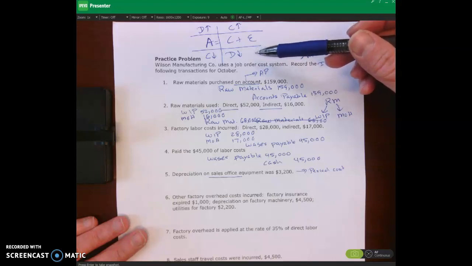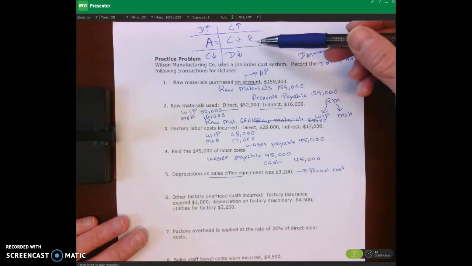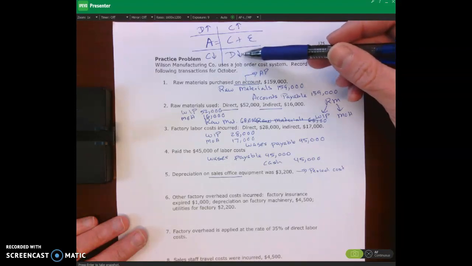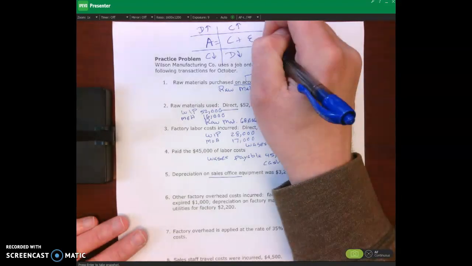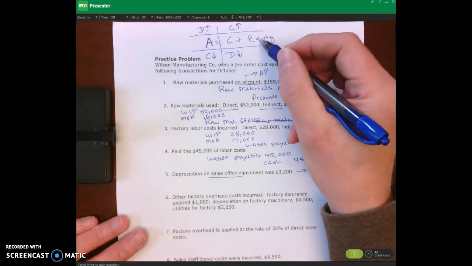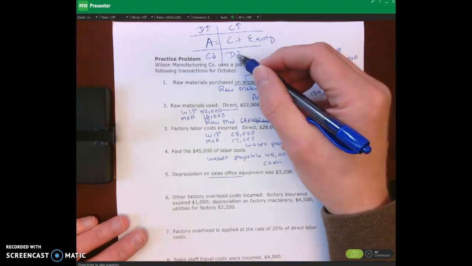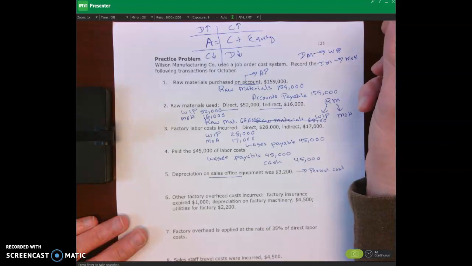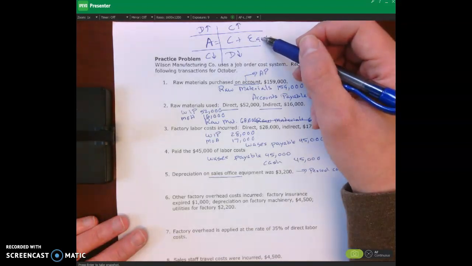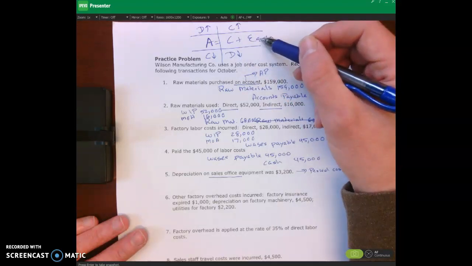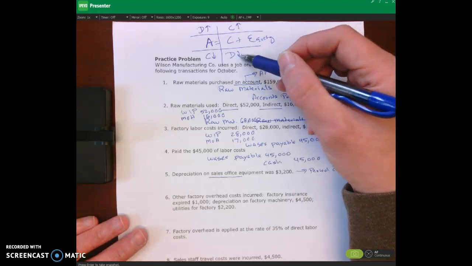Because as expenses go up, equity, the E stands for equity, goes down. So to increase an expense, I debit the expense, and the reason is because expenses decrease equity, and the way to decrease equity is with a debit.